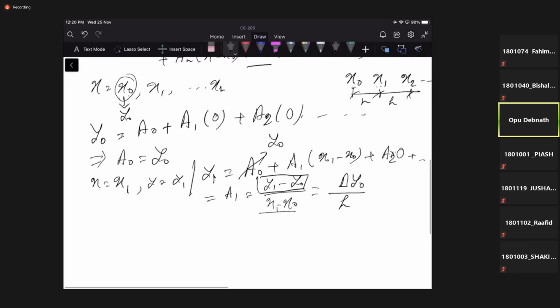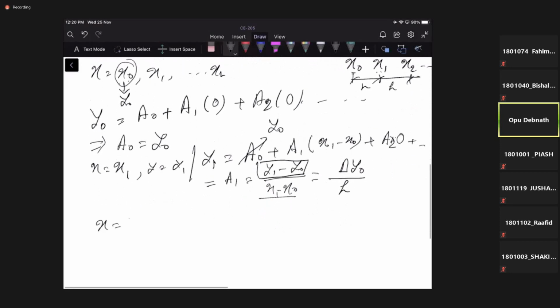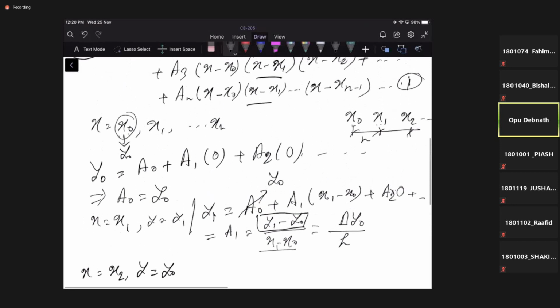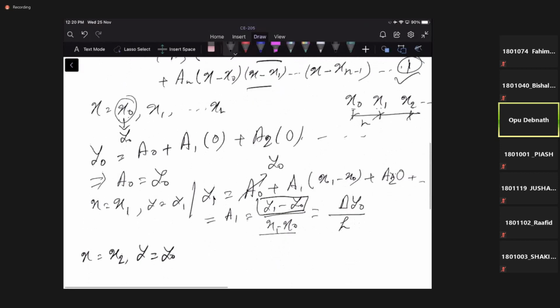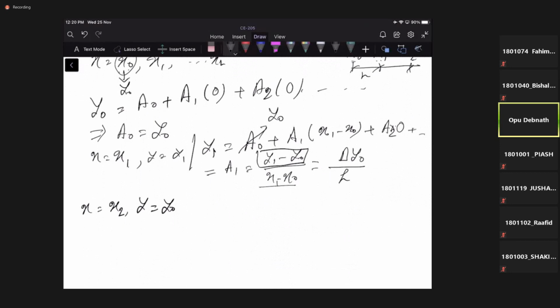Similarly, for the third term, if you put x equal to x2, y equal to y2 in this equation, it will give you the value for the second equation.